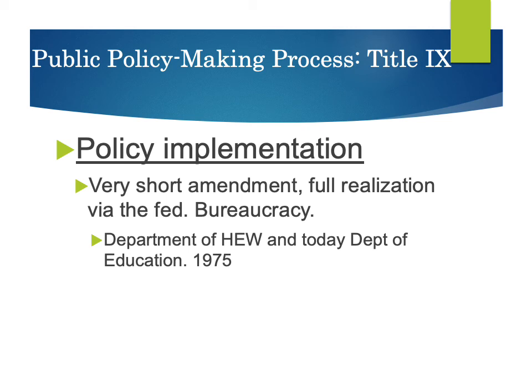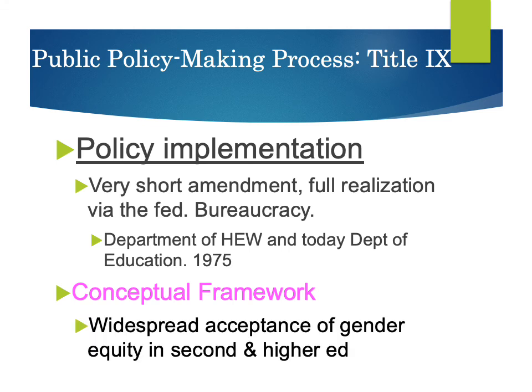And so they took that law and asked themselves, how is this going to be implemented? It was a tough job because while there was widespread acceptance that there should be gender equality and no gender discrimination in secondary and higher education, there were questions about how that was going to play itself out.